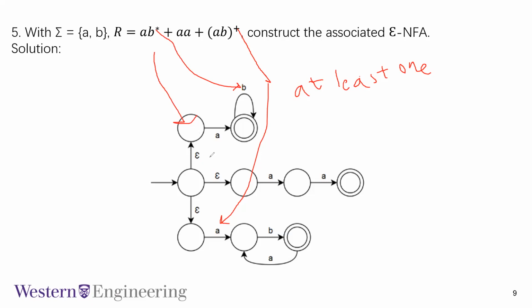My question is, why can't we just say from start, arrow A, instead of epsilon, then the endpoint B? The regular expression is AB star or AA or AB plus. So you have 3 different accept states that could happen, and you have to test for them all at the same time.